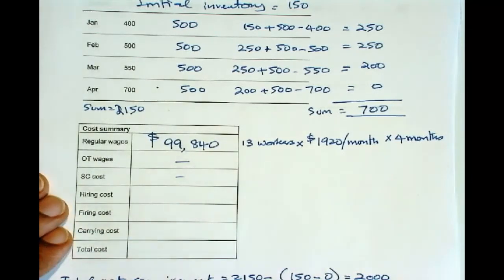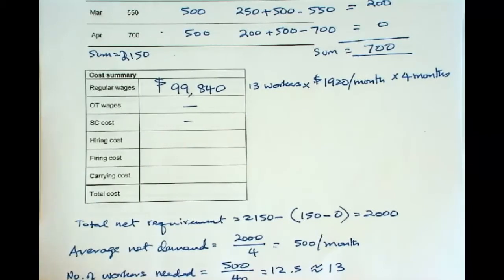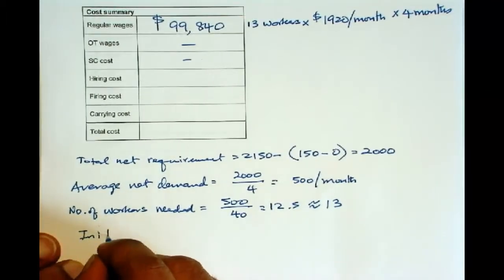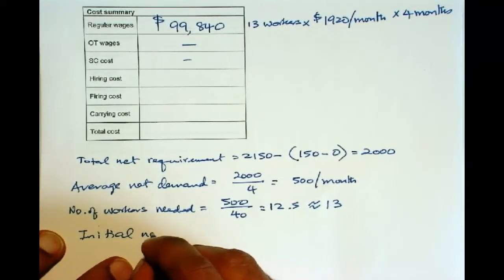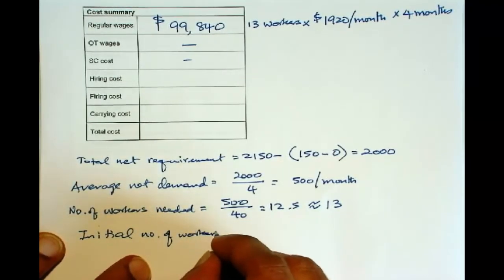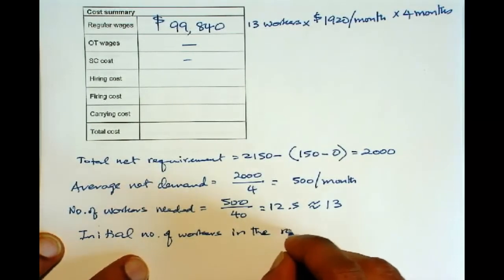Now hiring and firing. So we have an initial number of workers. Initial number of workers in the role is 8.